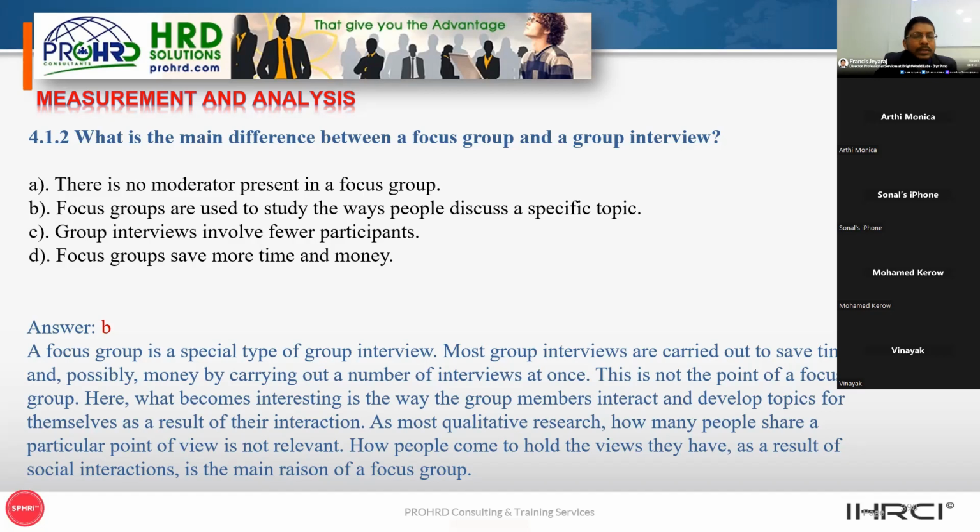Here, what becomes interesting is the way the group members interact and develop topics for themselves as a result of their interaction. As in most qualitative research, how many people share a particular point of view is not important. How people come to hold the views they have as a result of social interaction is the main reason for the focus group. So focus group means, all of you answered right.